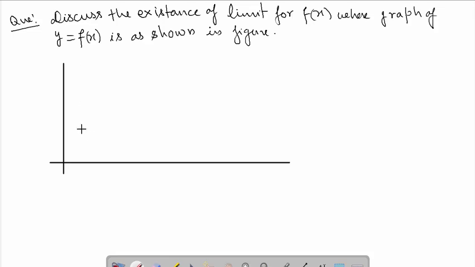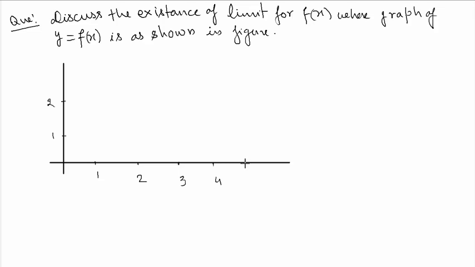Let's say this point is 1, this point is 2, so this is 1, 2, 3, 4, 5, 6, and this is the x-axis, this is the y-axis. So we are going to make a function f(x).